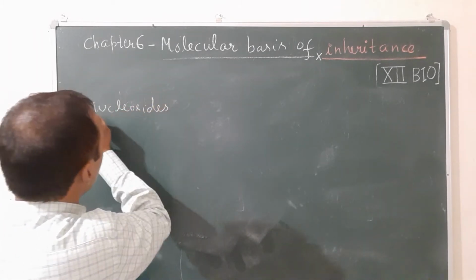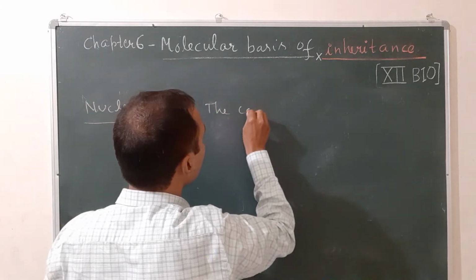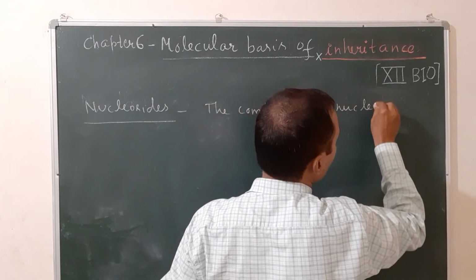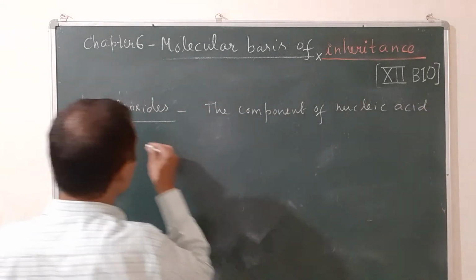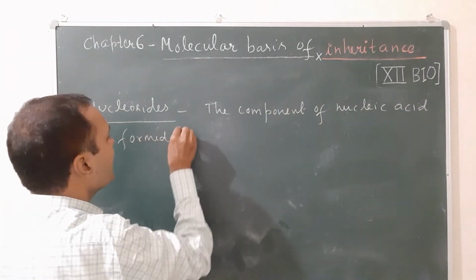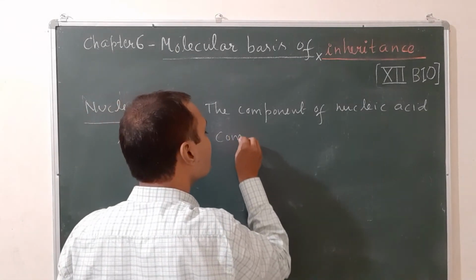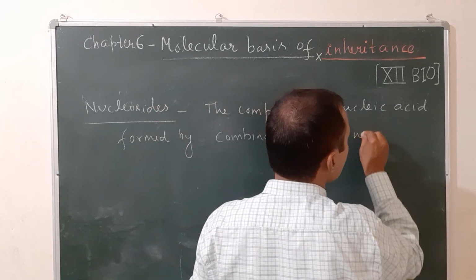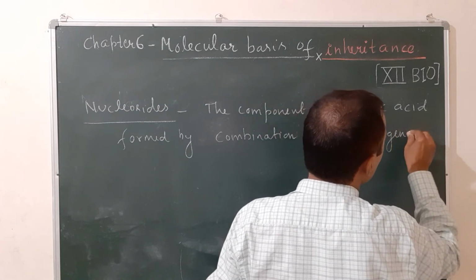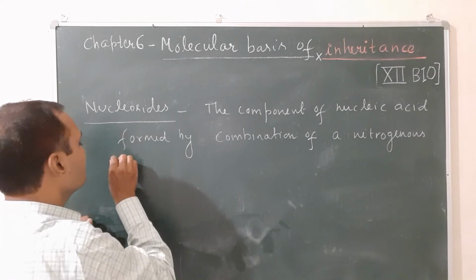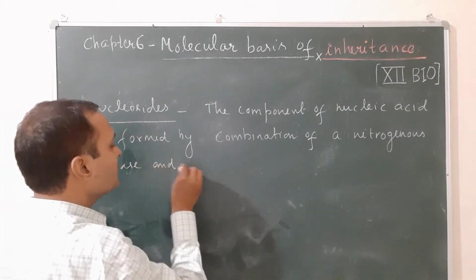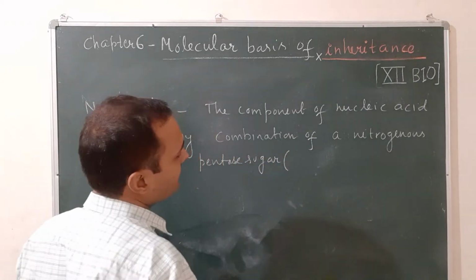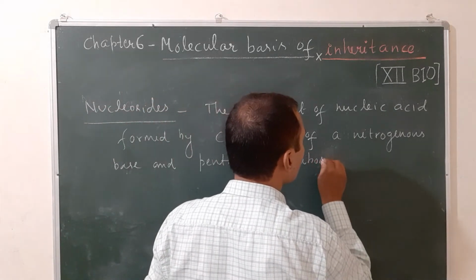Nucleosides, the component of nucleic acid, either DNA or RNA, formed by combination of a nitrogenous base and pentose sugar, and that pentose sugar may be either ribose sugar, why pentose?